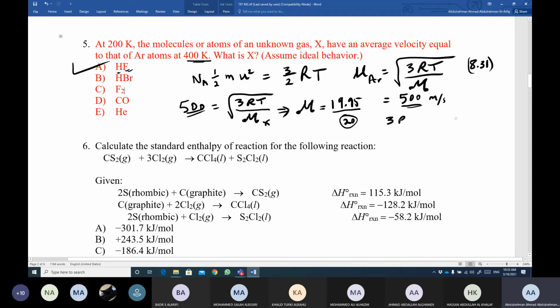We can say the square root of 3RT over molar mass of X is equal to 3RT over molar mass of argon.